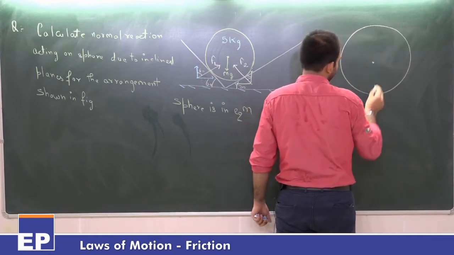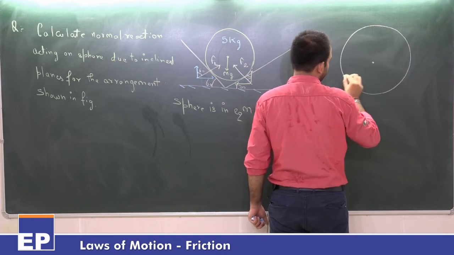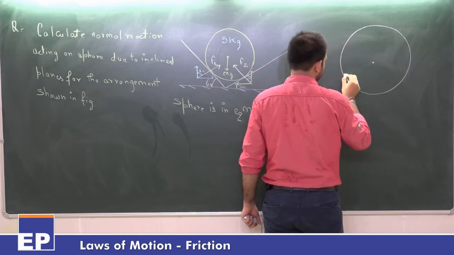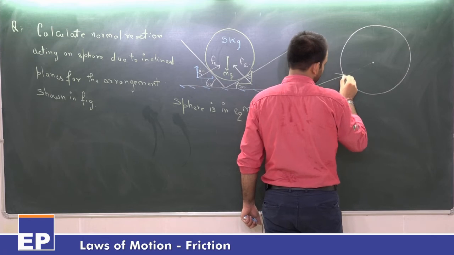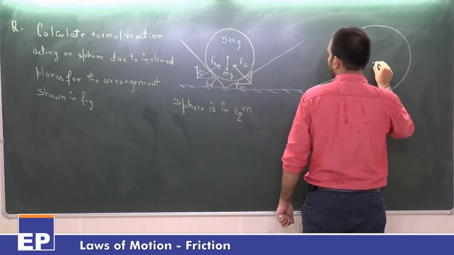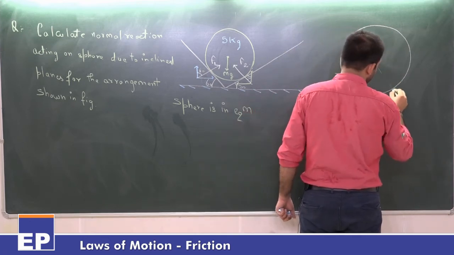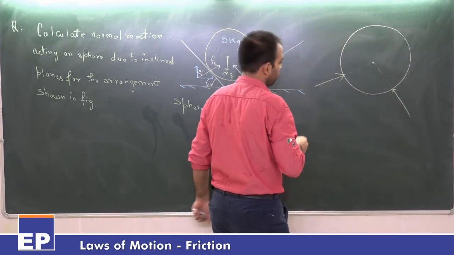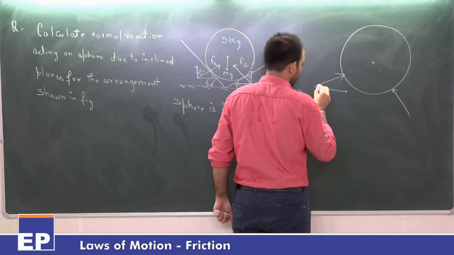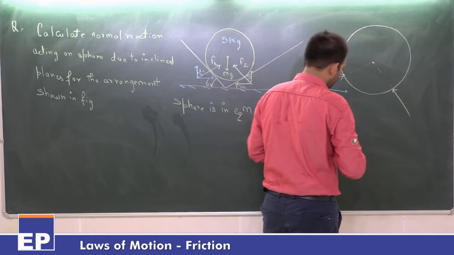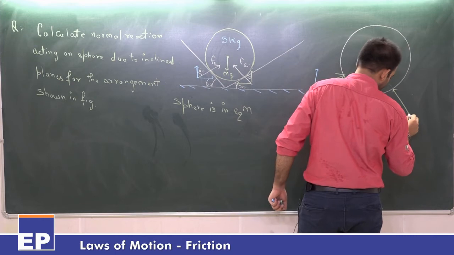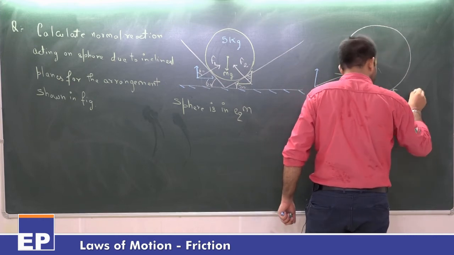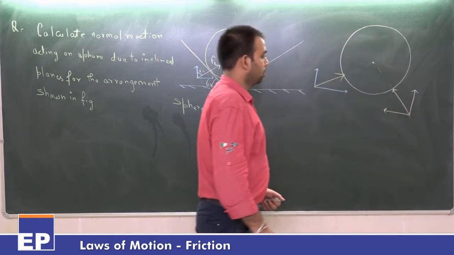This is a center. इसके सेंटर में यहां पर लग रहा है F1 और कहीं यहीं पे लग रहा है F2. Each has two components. This is the component, this is the component.